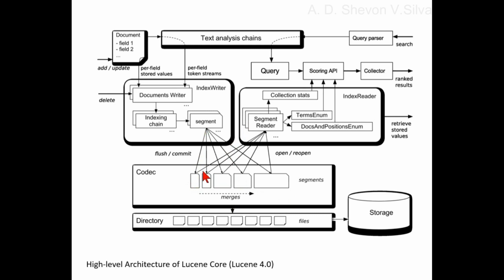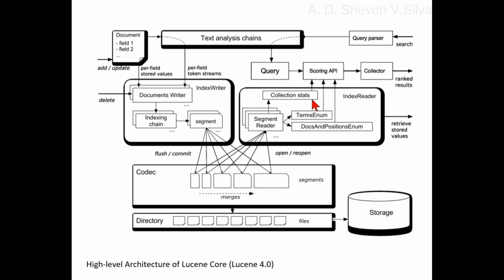Here the segments can merge, and the segments are inside codecs, and segments are connected to the segment reader via open or reopen, and the segment reader is connected to collection stats and term enum and doc and position enum.